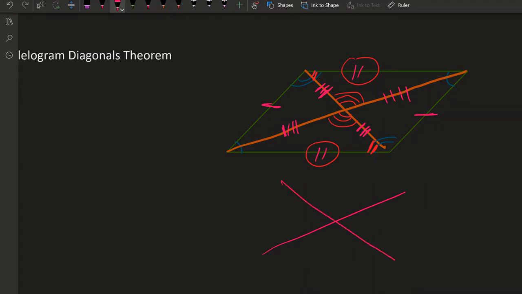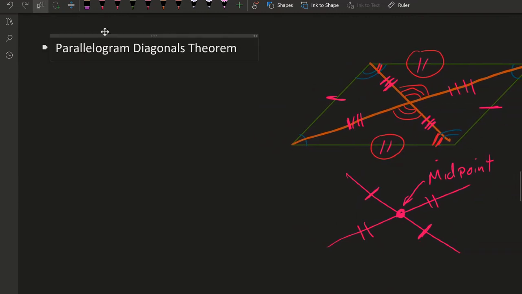If I have the diagonals, this piece is congruent to this piece, and this piece is congruent to this piece, which makes this a midpoint of both diagonals, which means the diagonals are bisecting each other. So the parallelogram diagonals theorem simply states that the diagonals of a parallelogram bisect each other.